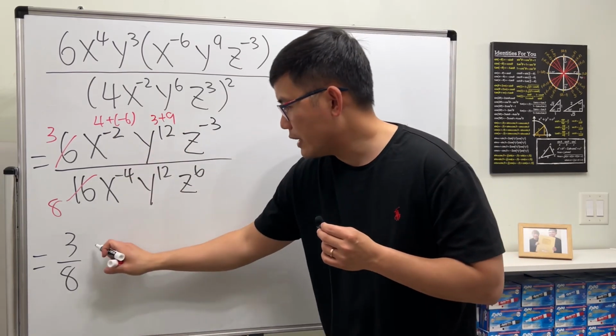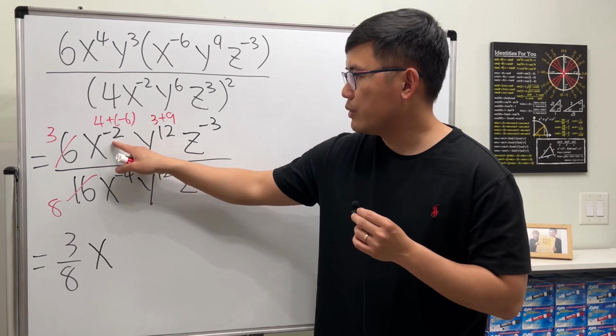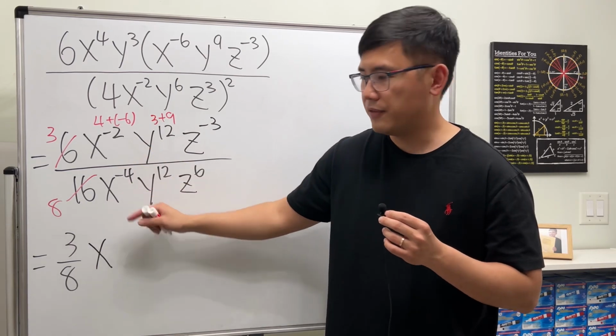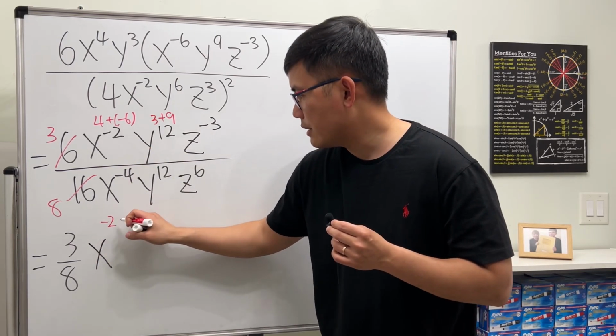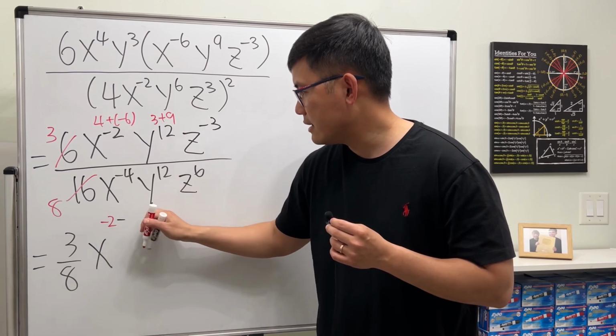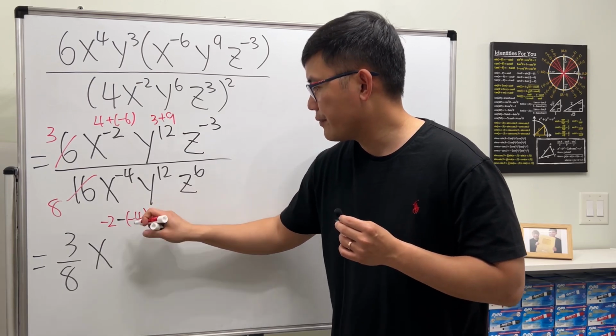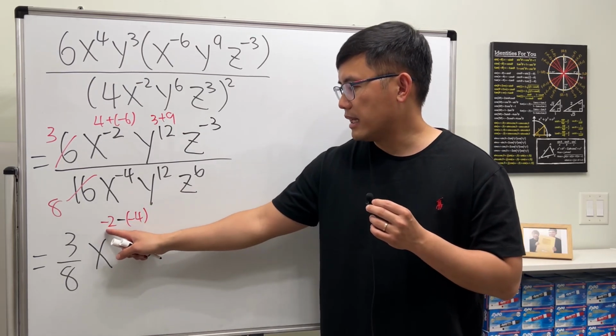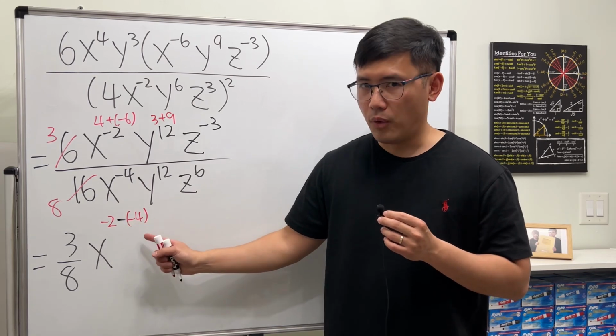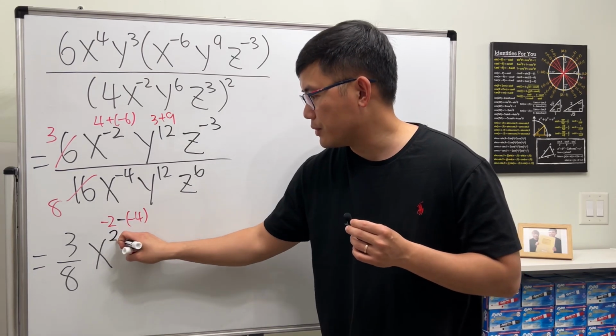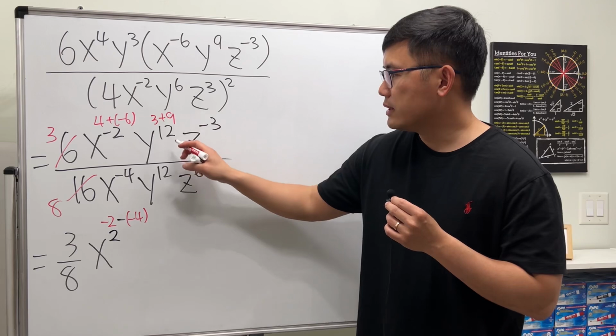So for the x, we do negative 2 minus negative 4. So let me write that down. Negative 2 minus negative 4, which is the same as negative 2 plus 4, and that will give us positive 2.